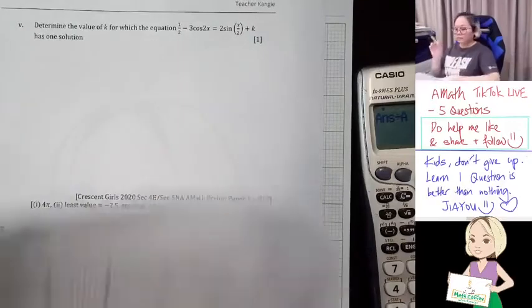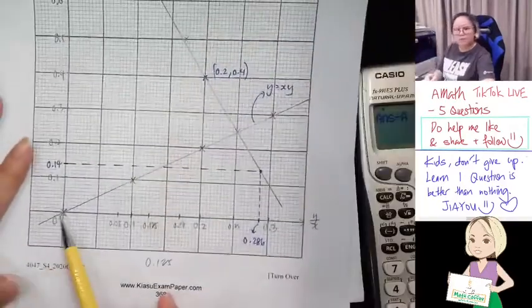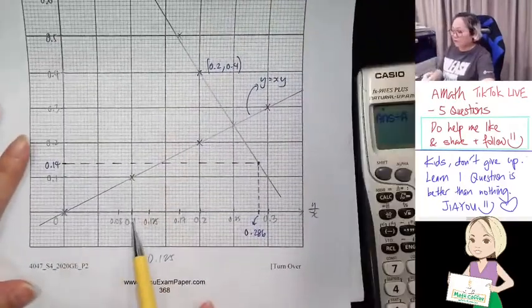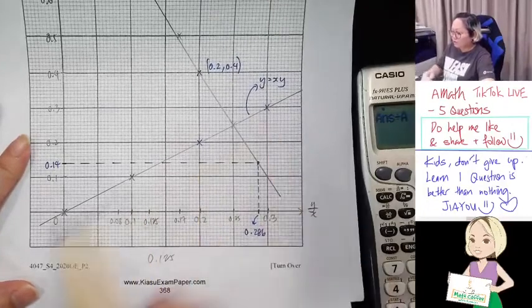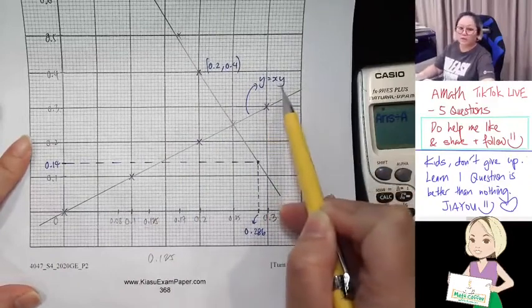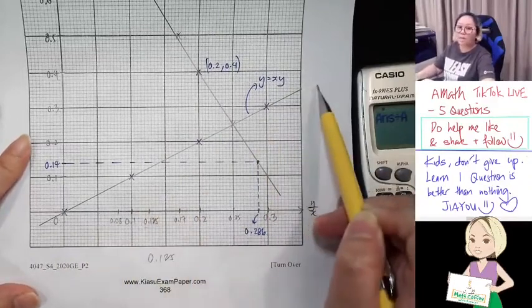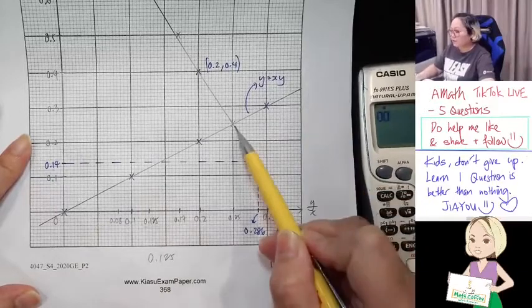So then after that, I go to my graph. I plot 0, 0, 0.1, 0.1, 0.2, 0.2, 0.3, 0.3, then I draw the line. This is the line y equals x. So this is a suitable line that they asked me to draw. And of course, simultaneous means the intersection point, right? And the intersection point is this one.